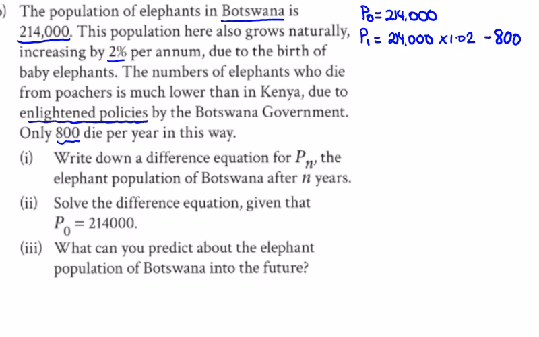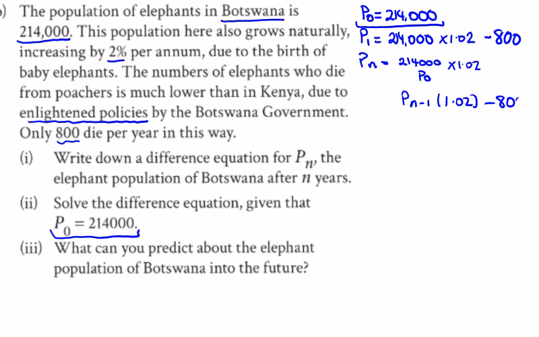So if we convert this in terms of P0, we're told P0 is this 214. So in terms of n, this will be the population in year 0, 214, being P0 by 1.02, then this will become the population in n minus 1 by 1.02 minus 800 to get our Pn.